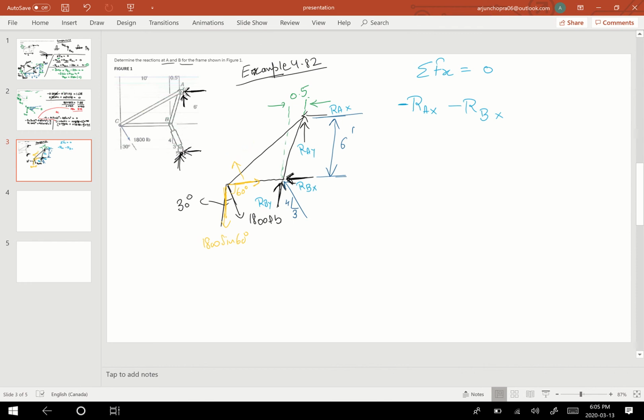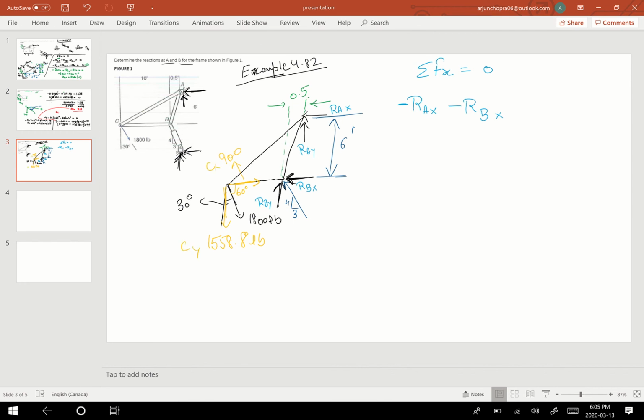Rather than writing 1800 cos, I'm going to directly write 900, and 1800 sine 60 degrees comes out to be 1558.8 pounds.